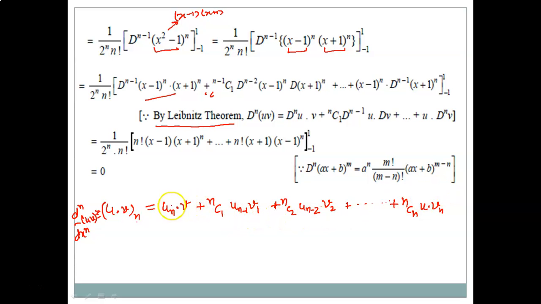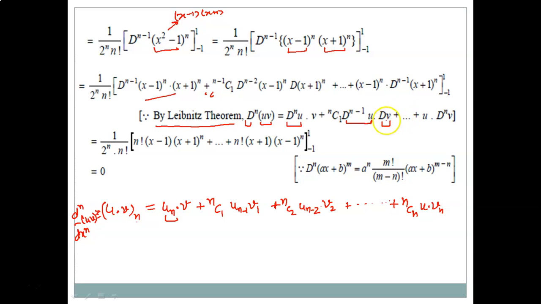The alternate way to write this Leibniz theorem is here. You can see we are taking the nth derivative of this product of two functions: D^n u, meaning the nth derivative of u, and this un means the same, into v. Then nC1, the n minus 1th derivative of u and the first derivative of v.